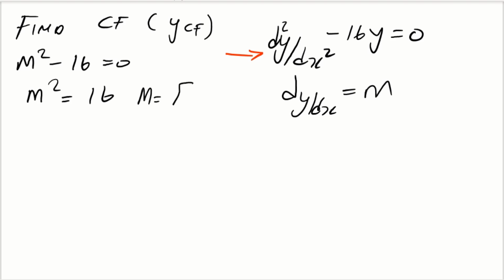You get root of 16, and remember a square root has plus or minus, so your m1 will be plus root 16, which is 4, and your m2 will be minus 4.